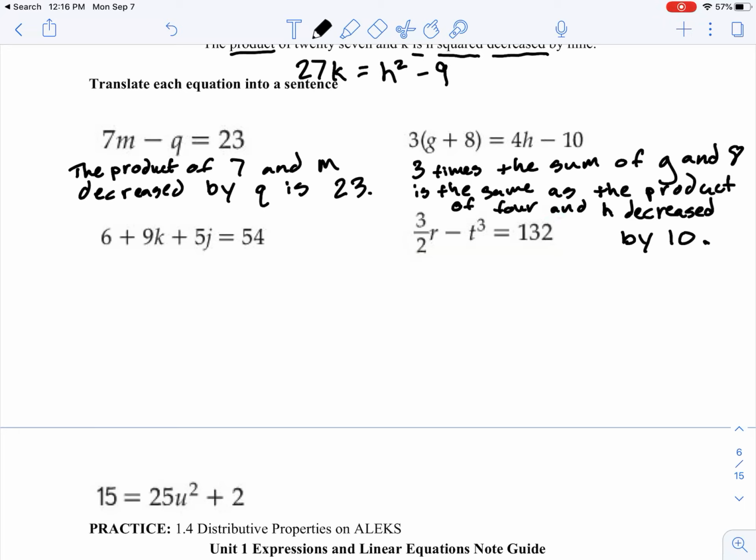Let's go to the next one. 6, and I don't care if you write the word out as 6 or the number 6.